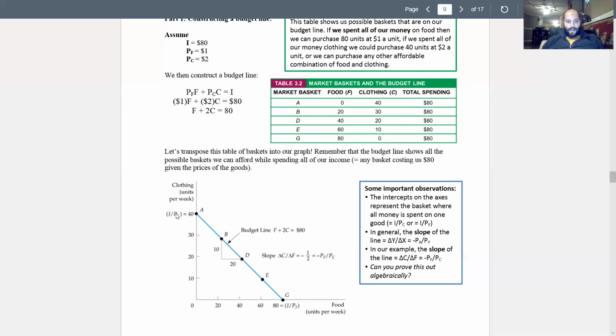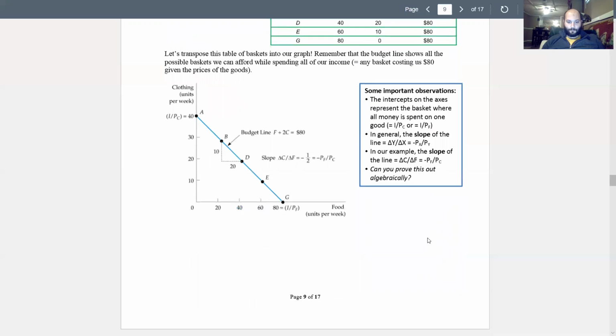So if you divide I over PC by I over PF, you're going to get negative PF over PC because dividing by a fraction flips the fraction and then you multiply. Or more in general, the slope of this budget line is going to be negative Px over Py. So that's what we have here.